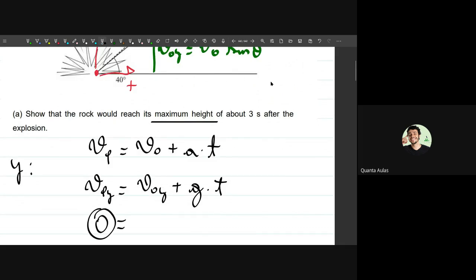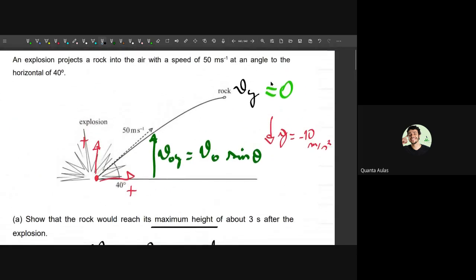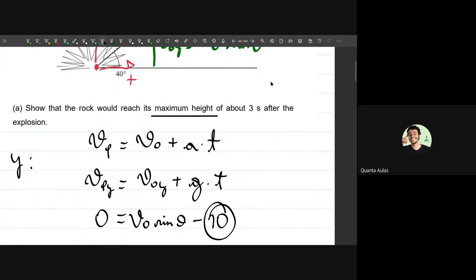We are speaking about the maximum height, and we know at the maximum height the velocity y is 0, right? Here we have v0 sine theta. Here we have minus 10. I suppose your teacher used minus 10, right? Or no, 9.8, minus 9.8.